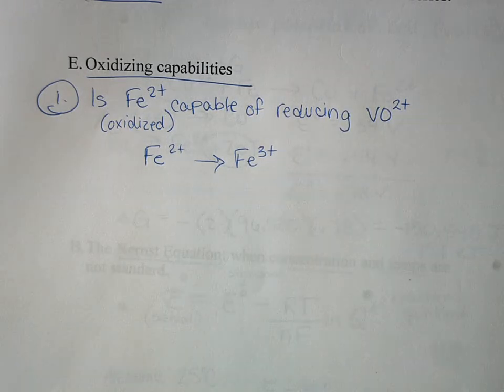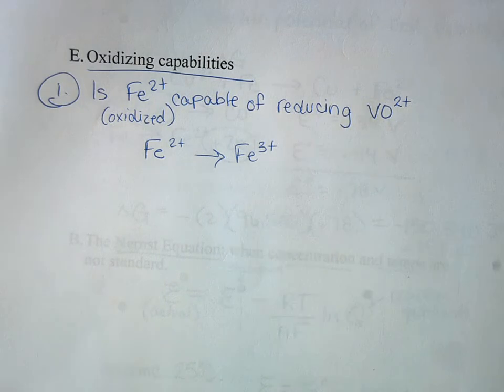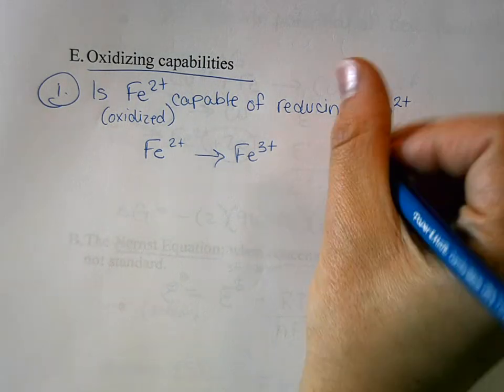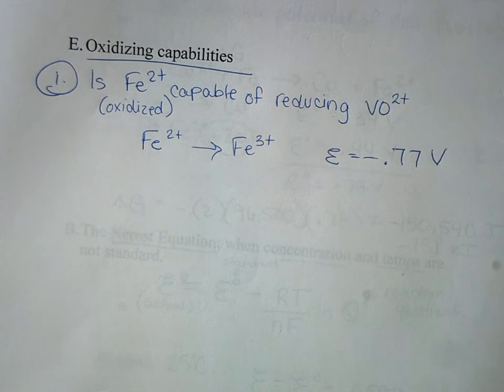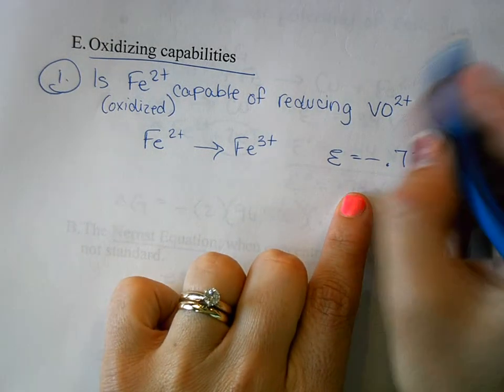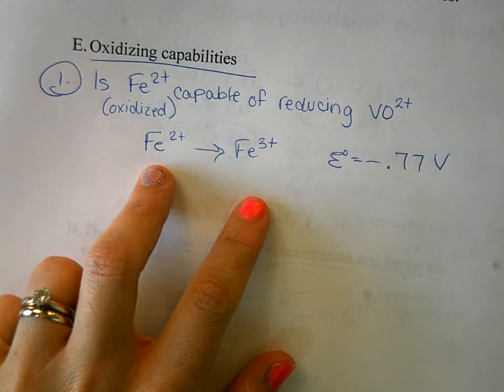It's 0.77 volts, but it's written opposite of this with the Fe3 plus on the other side. So I need to flip it and make it negative. So it's negative 0.77 volts. And for this one, just figuring out if it's capable of reducing, you don't have to write out the full equation and all that. All we're going to be concerned about here is the standard reduction potentials and what they add up to be. So just make sure that if you have to flip it, you flip the sign over here.